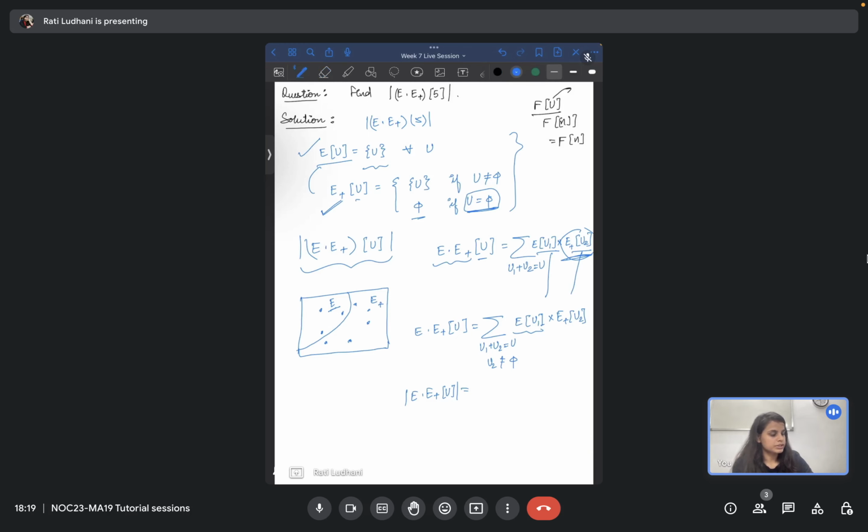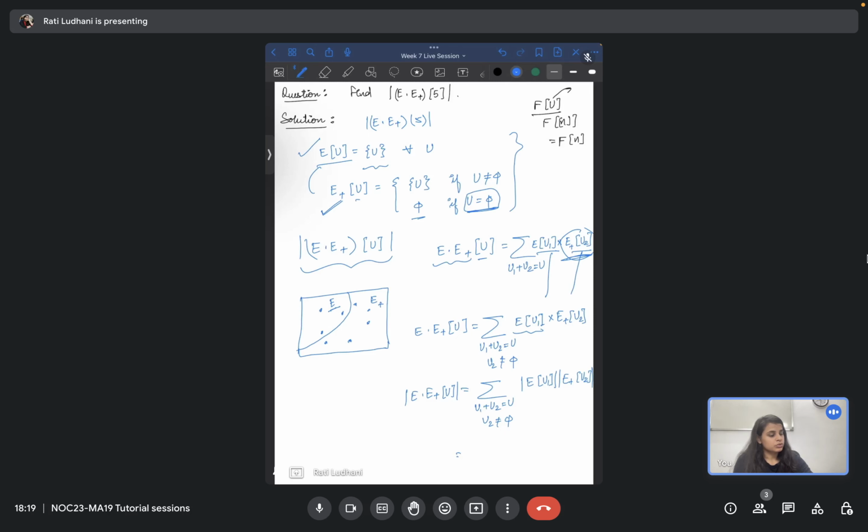Okay, so in this summand, you will just get the summation over u1 plus u2 equal to u, and u2 non-empty, of EU1, and there is a cross, so you know that this is just ordered pairs, so the cardinality will be m cross n. You just take this times E plus U2, right?